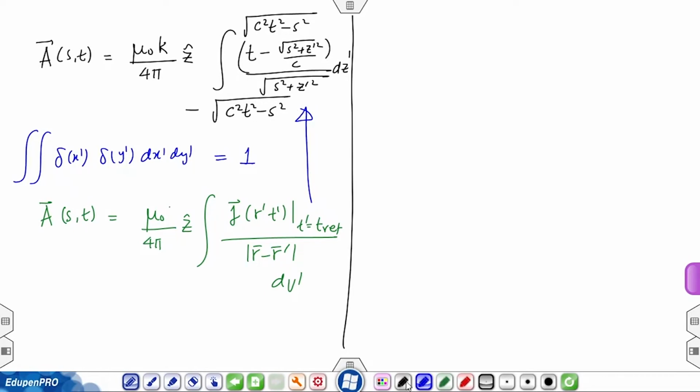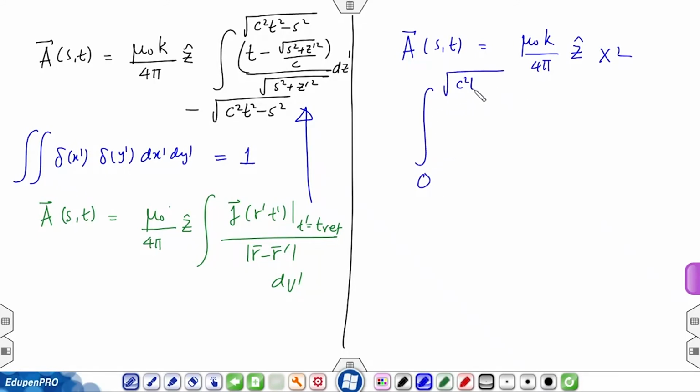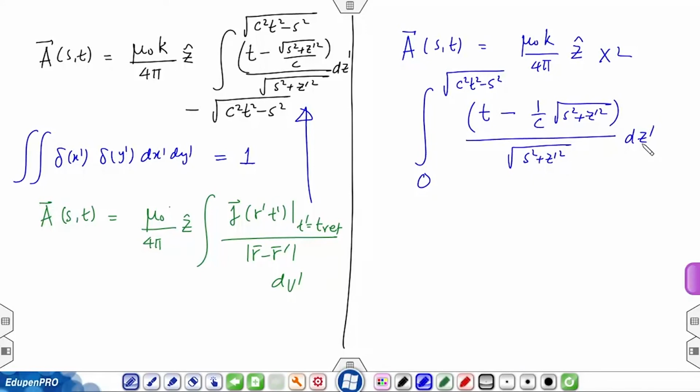Now, this is an easy integral to perform. So, I get A(s, t) equals mu naught k over 4 pi z. I can multiply by 2 and do the integral from 0 to square root of c square t square minus s square, t minus 1 over c square root of s square plus z prime square, divided by square root of s square plus z prime square dz prime.